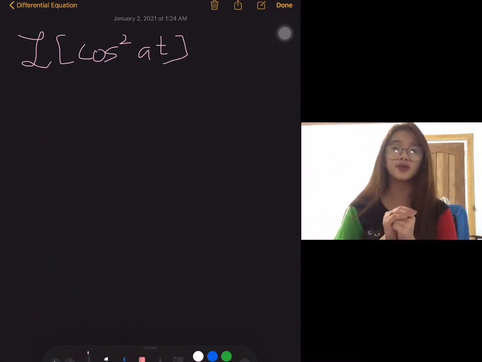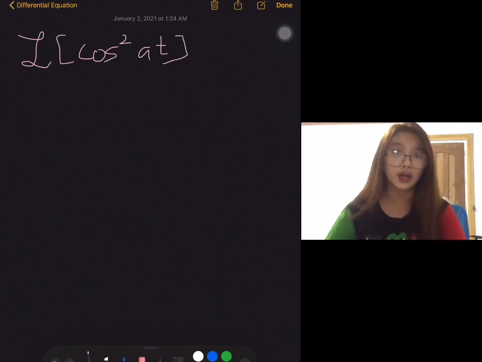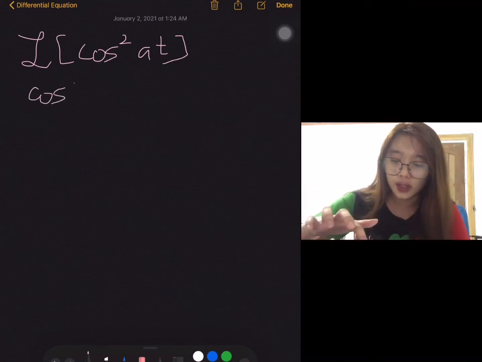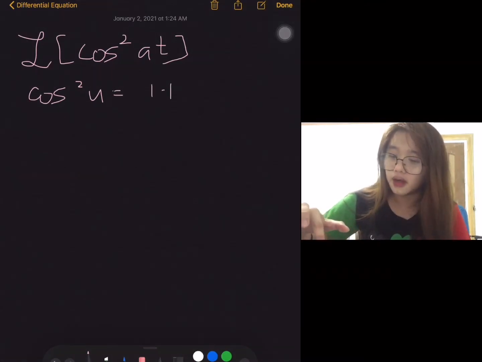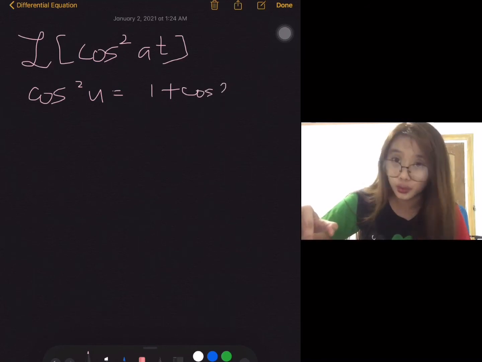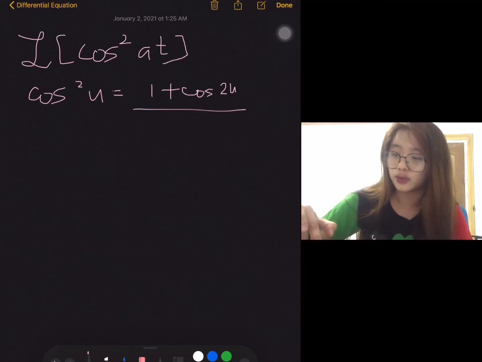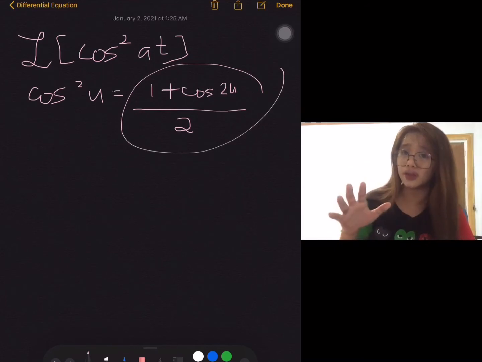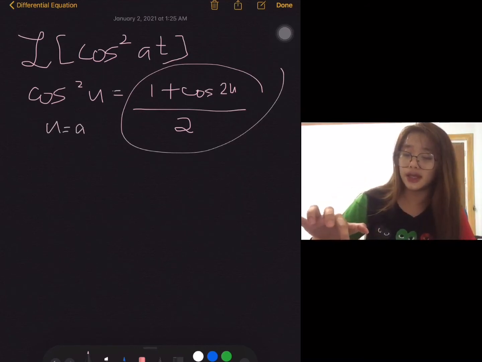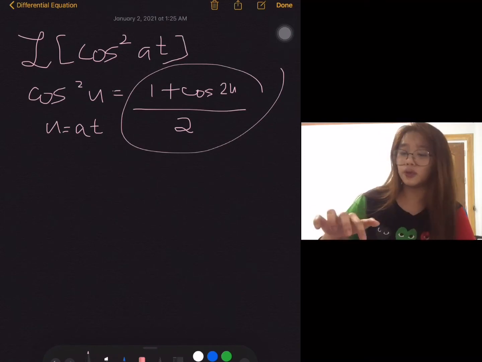So cosine squared is equal to, remember the power reducing identities, cosine squared u is equal to 1 plus cosine 2u over 2. Let's use this one, and our u here is at. Okay, so let's rearrange and transform this one.